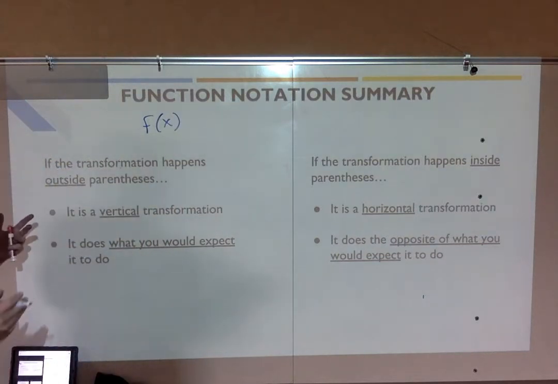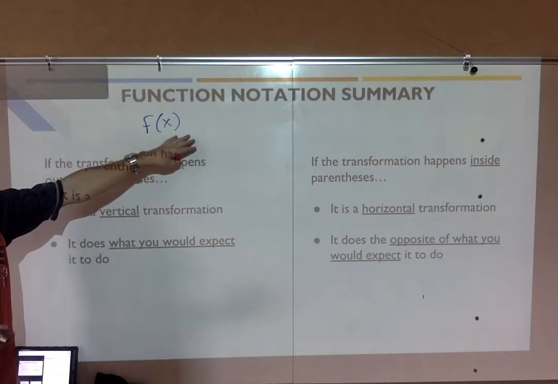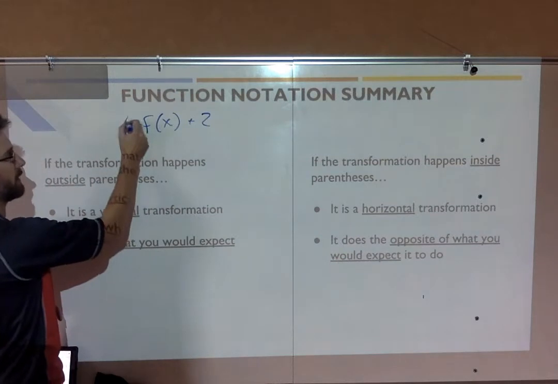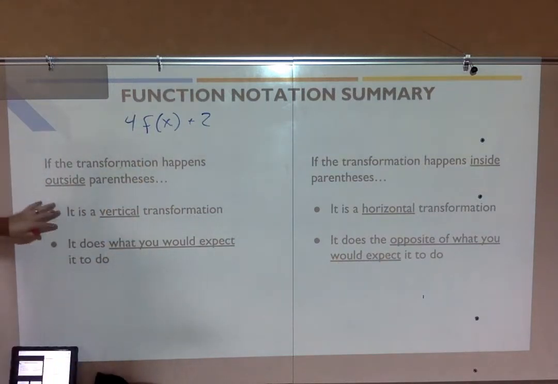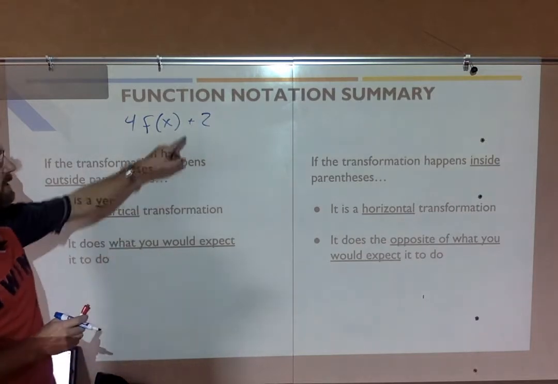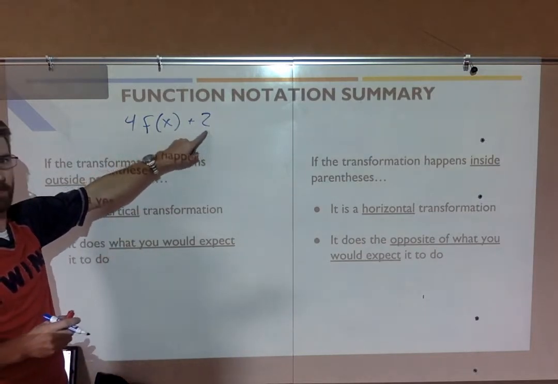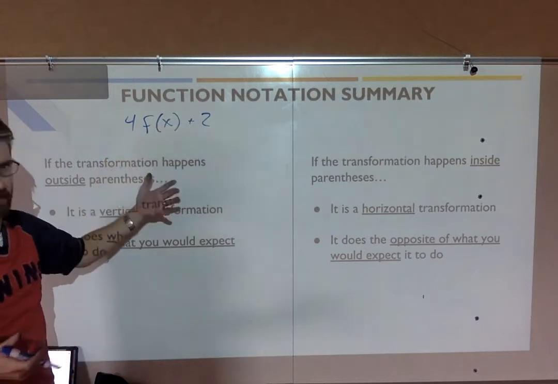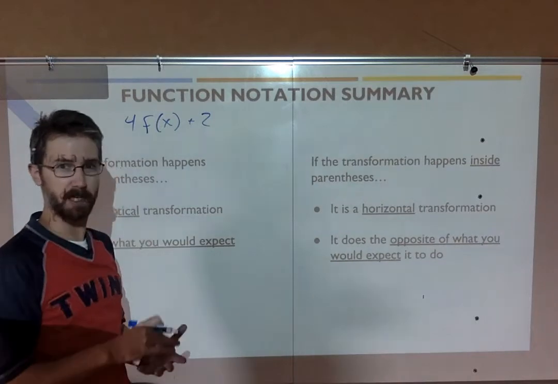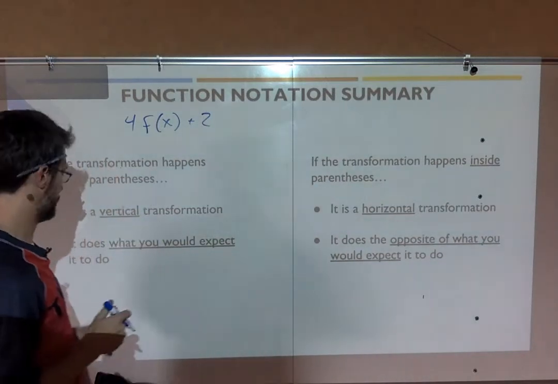If a transformation happens outside of the parentheses, like adding a number out here or multiplying by a number, this is a vertical transformation, and it does what you would expect. A +2 is going to move it up 2, not down 2. Multiplying by 4 is going to stretch it by a factor of 4. It's going to get bigger, taller.